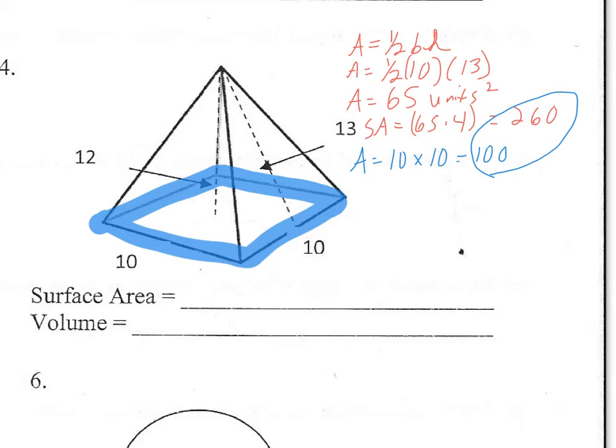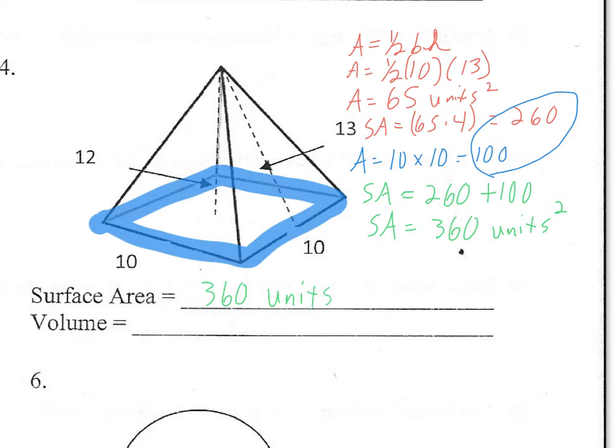So for my total surface area, I have 260 plus 100. So my final surface area gives me 360 units squared, because I'm dealing with area. That's 2 dimensions. So 360 units squared.